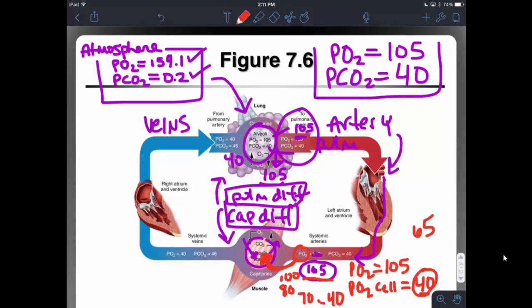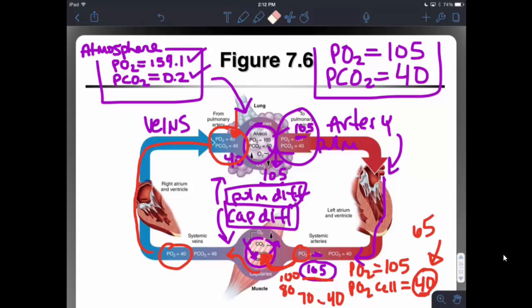And what we're left with in the blood that comes out of the cells into the veins is a PO2 of 40. Okay? So it's going to equilibrate with what's inside the cell. And inside the cell at rest is a PO2 of 40, and that venous blood goes back to the heart, goes back to the lungs. We start all over again here with a PO2 of 40.